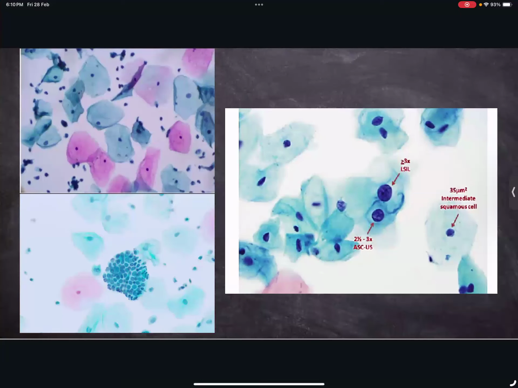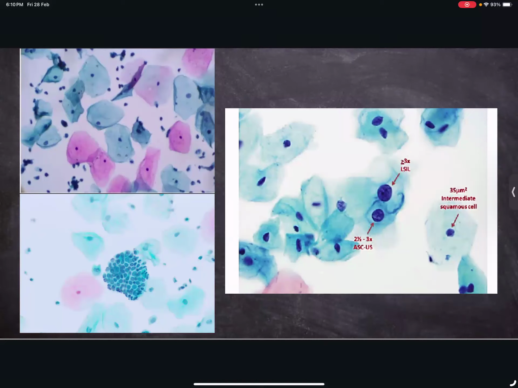In the first picture, you can see the 2 colors, pink and blue. Because there is no pointer, I just want to tell you the colors only. The pink color is a superficial squamous cell, shows the dark small pycnotic nucleus, and this is polygonal in shape. And blue cell is an intermediate cell with the central nucleus, and the size of nucleus is slightly larger than the superficial squamous cells.